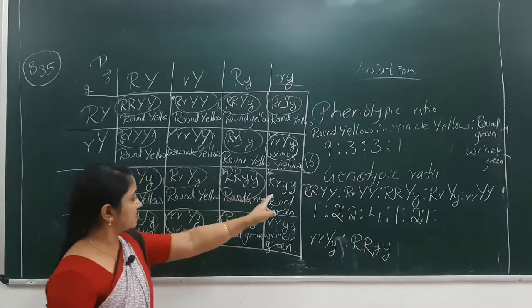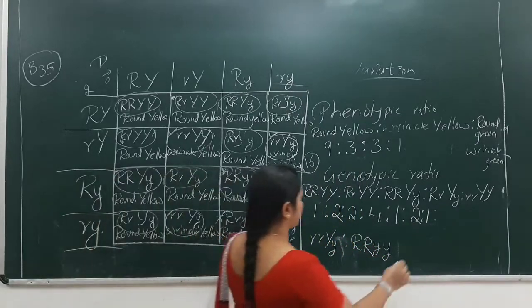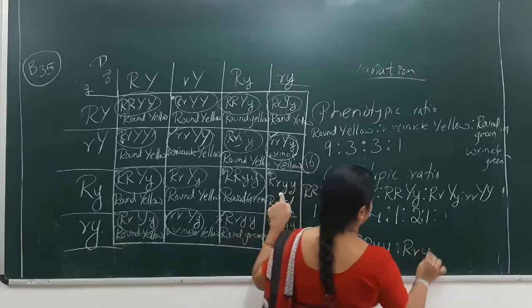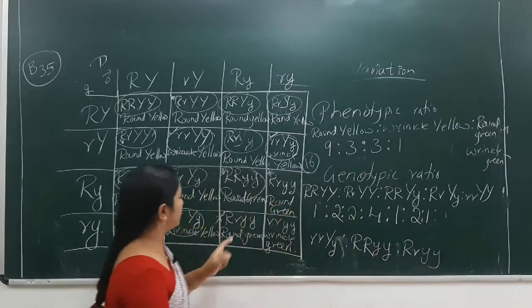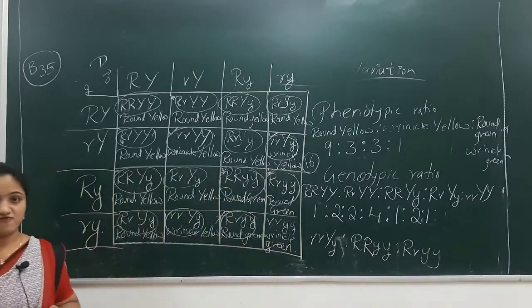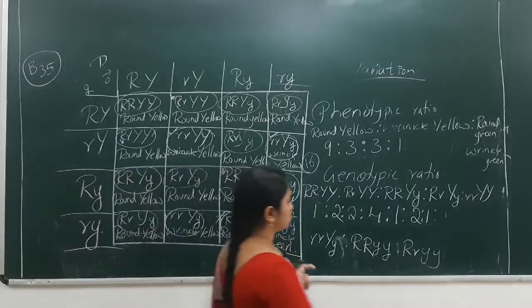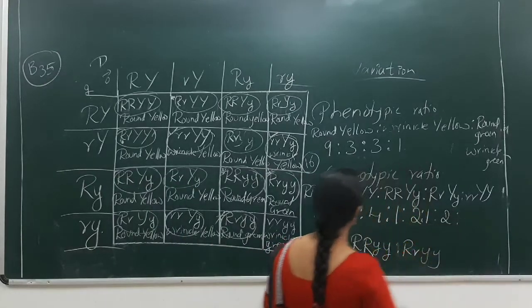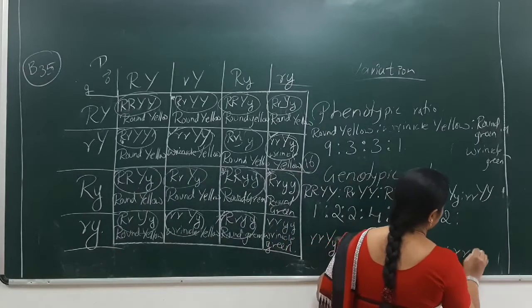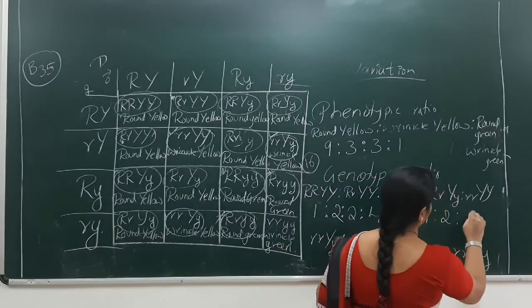Okay. The next is capital R, small r, small y, small y. How many offsprings have the same type of genotype? 2. At the last, what we got? Small r, small r, small y, small y, 1.